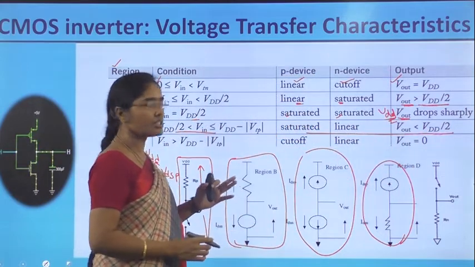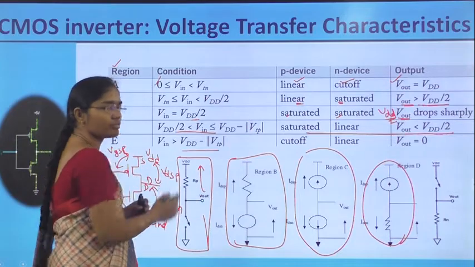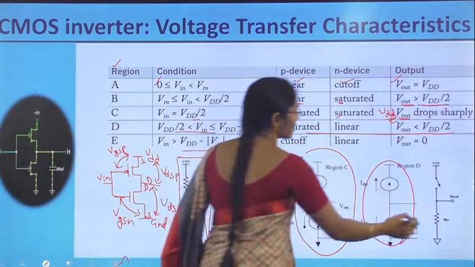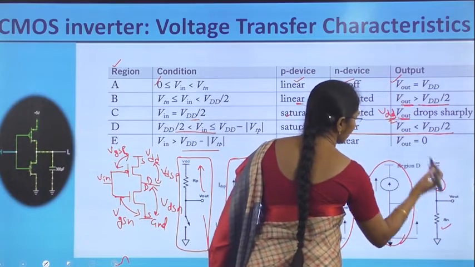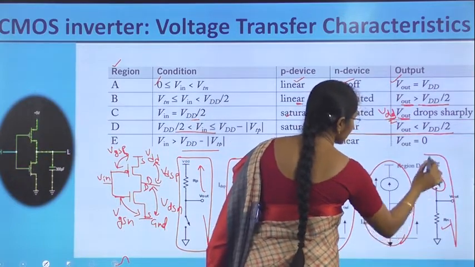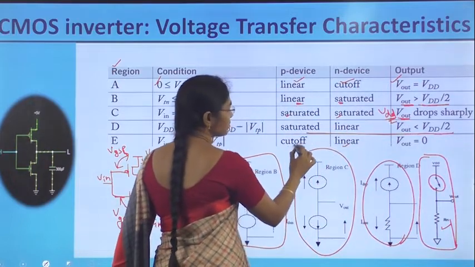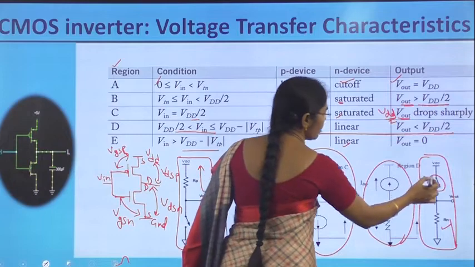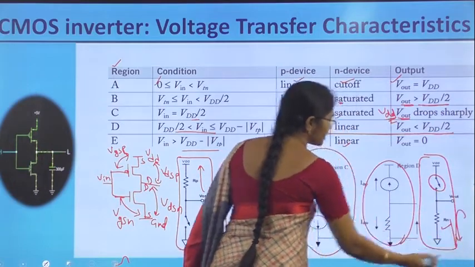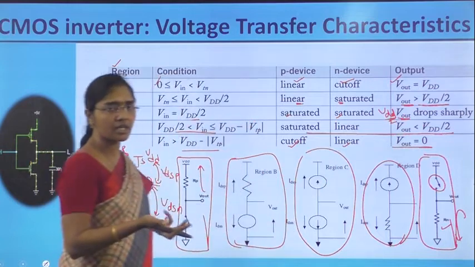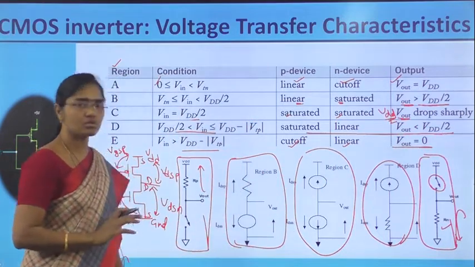For the fifth region, when Vin is greater than VDD minus mod VTP, the NMOS transistor is on and the PMOS transistor is off. NMOS is in the linear region and PMOS is in cutoff. Since there is an open path, there is a discharge path. So the output is equal to 0 and there is no current.